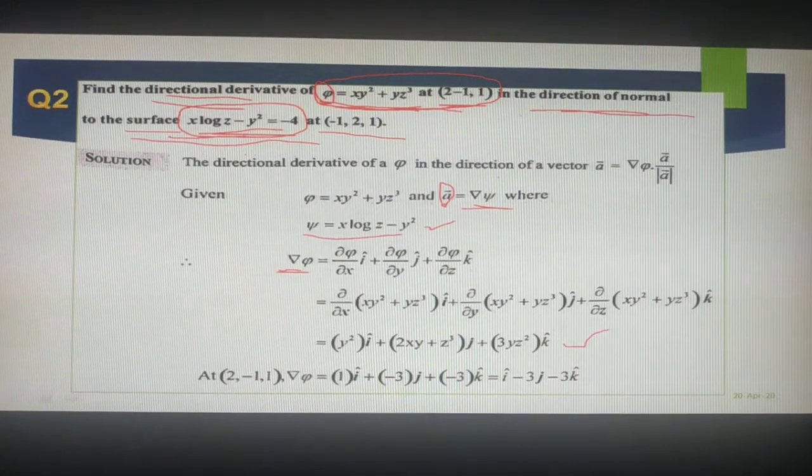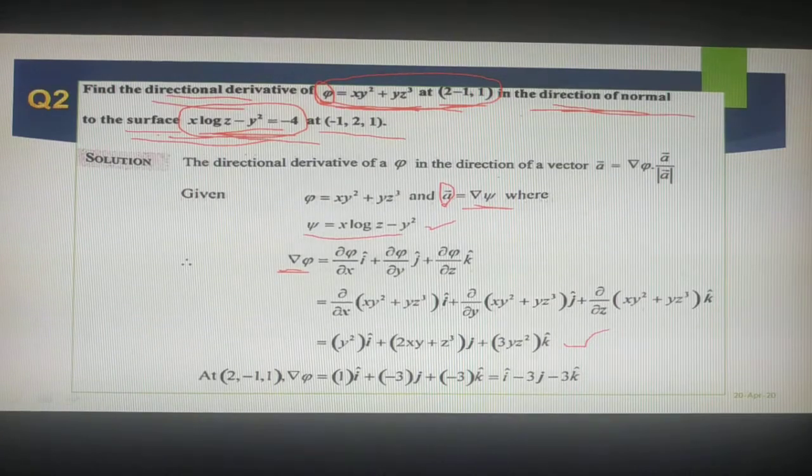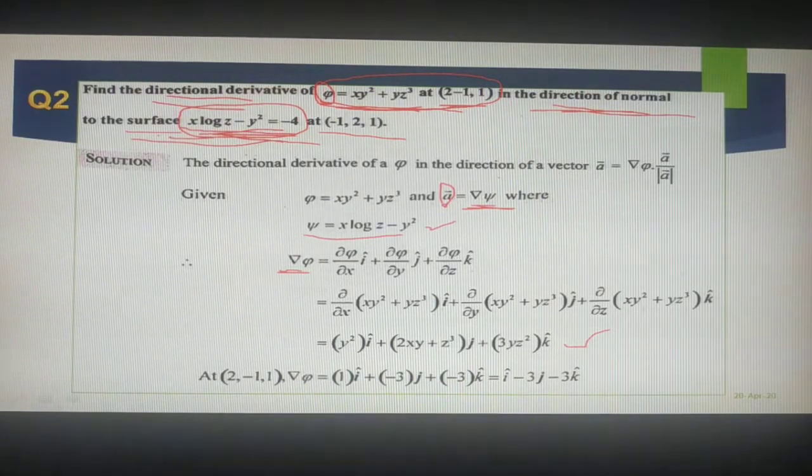What hint did they give here? The direction of the normal to the surface. So this is your surface. For this surface, when will it be normal? When you find del phi, isn't it? Del psi. So to find del psi, this we are representing as psi.